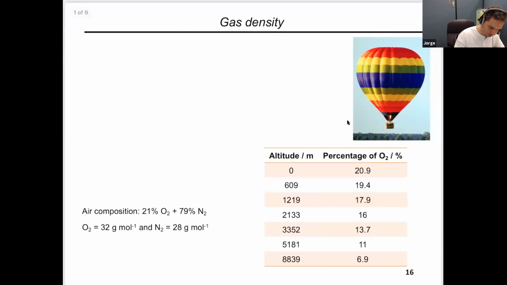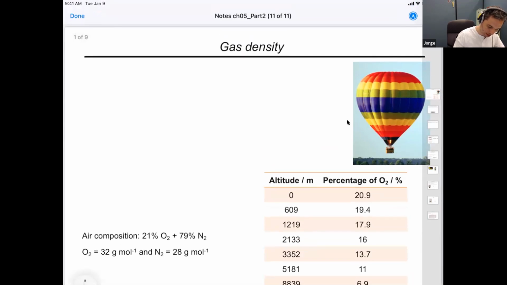Okay, so let's do some mathematic work here. Remember that density for any sort of material is always mass over volume. So this has to be fresh in your mind. Density is mass over volume.